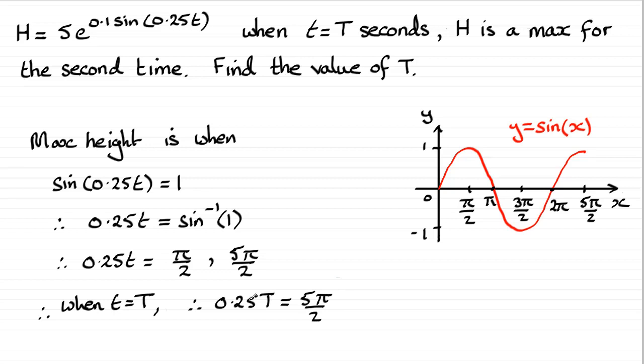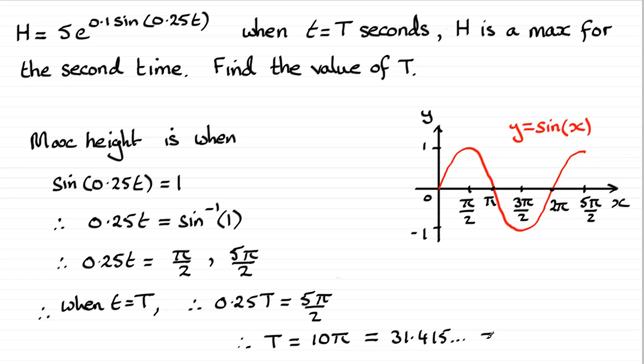And if I multiply both sides by 4, you can see that I end up with T equals 5 pi upon 2 times by 4. That's going to give me the exact value of 10 pi. You might want to have this as a decimal. If you do this on your calculator, you'll find you get 31.415 and so on.